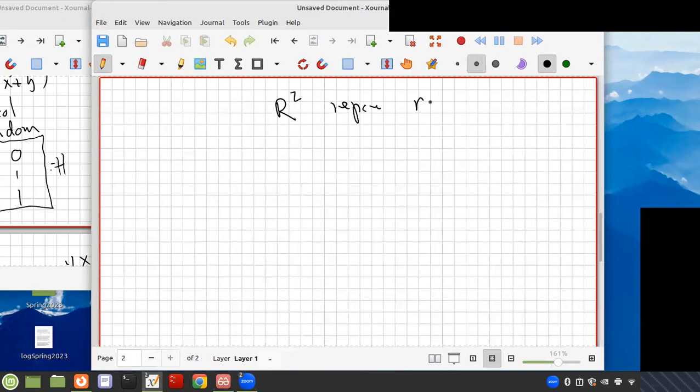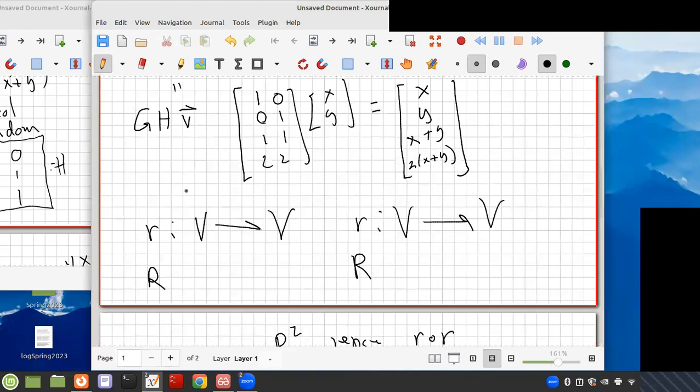R composed with R. Now, let's say this was a rotation through an angle theta. Let's say you had a coordinate system in the plane, you think of your vectors as arrows, and the representation of rotating those vectors by an angle theta is a linear transformation. It's a linear map from vectors thought of as arrows.